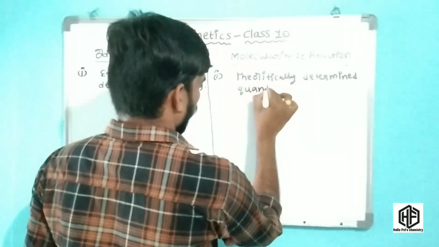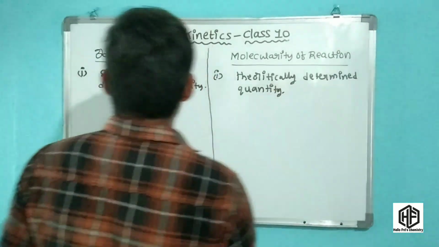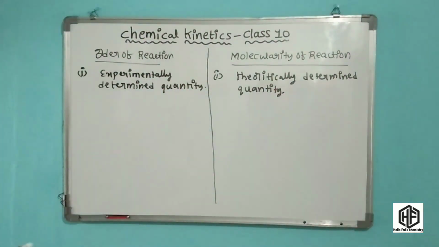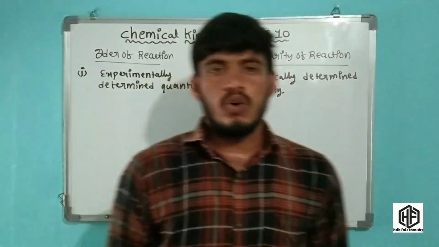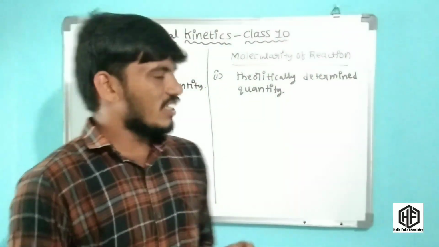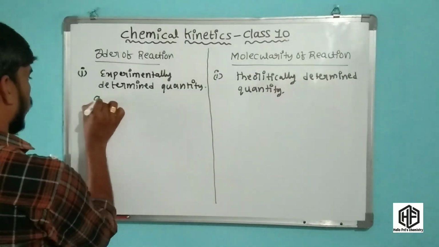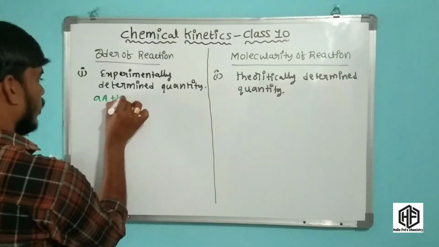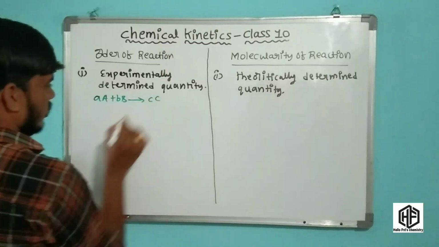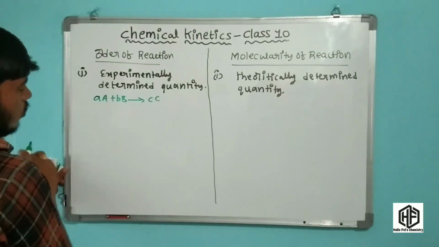Order of reaction is an experimentally determined quantity, but molecularity is a theoretically determined quantity. Now consider an example, aA plus bB gives cC.